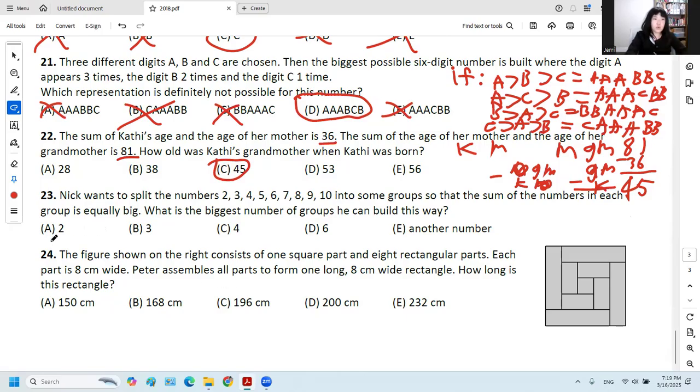Question number 23. Nick wants to split the numbers 1, 3, 4, 5, 6, 7, 8, 9, 10 into some groups so that the sum of the numbers in each group is equally big. What is the biggest number of groups you can build this way?